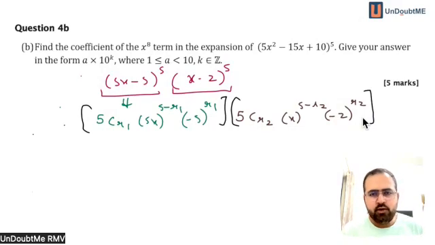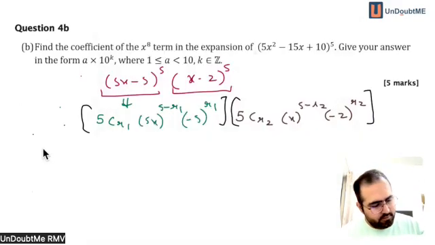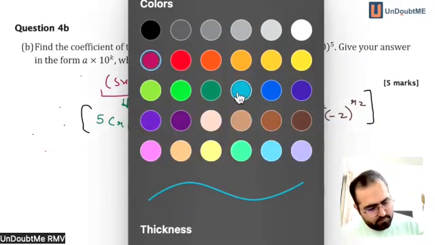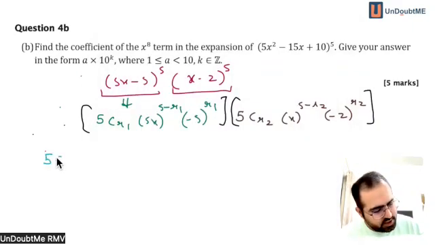Now from here we will try to segregate the terms of x and the constant terms, because each of the terms will be like this only. So all the constant terms will be like, coefficient will be 5C r1, 5C r2.